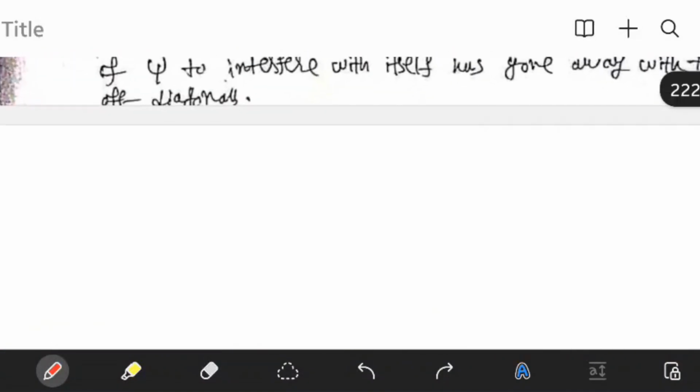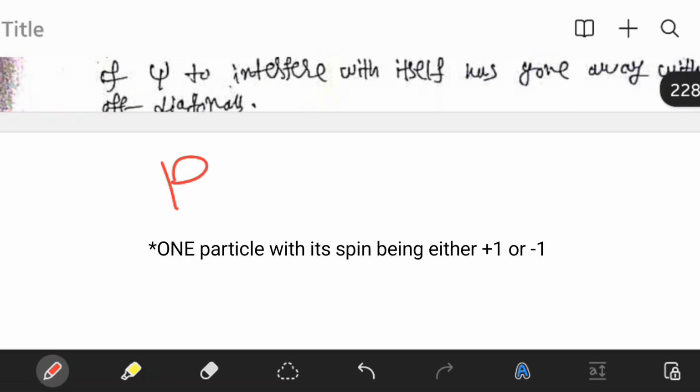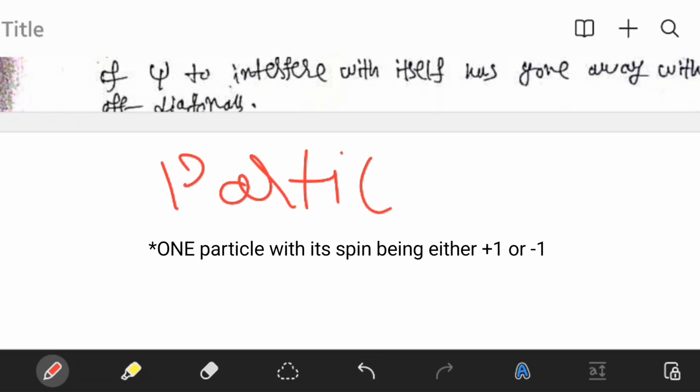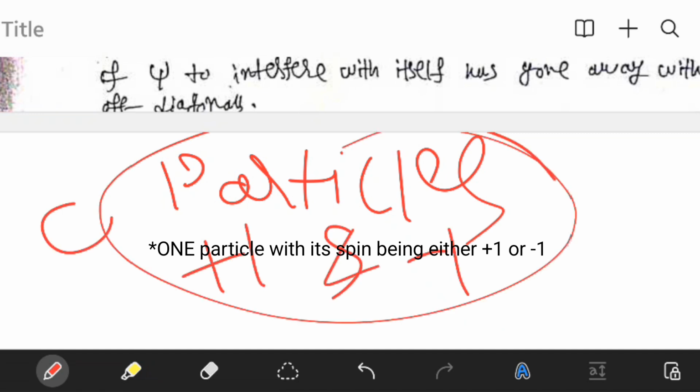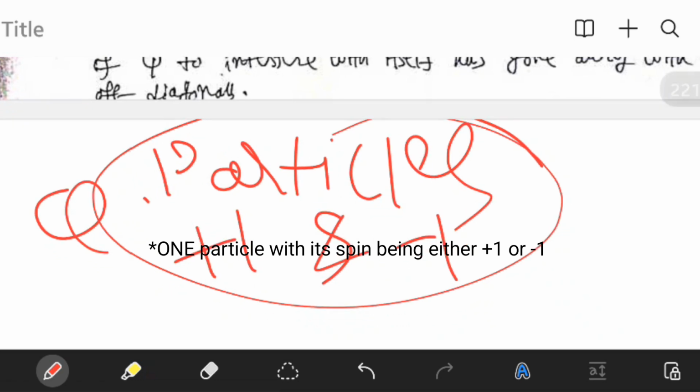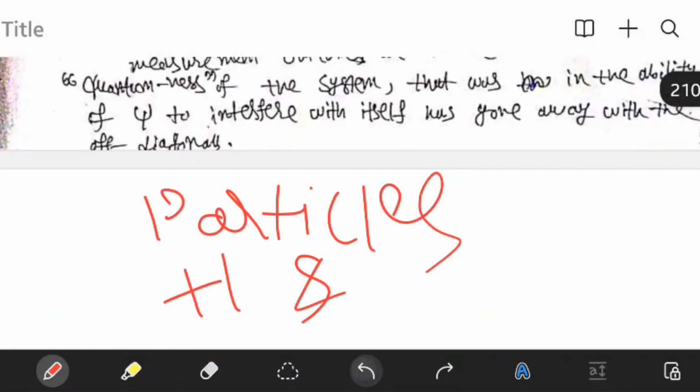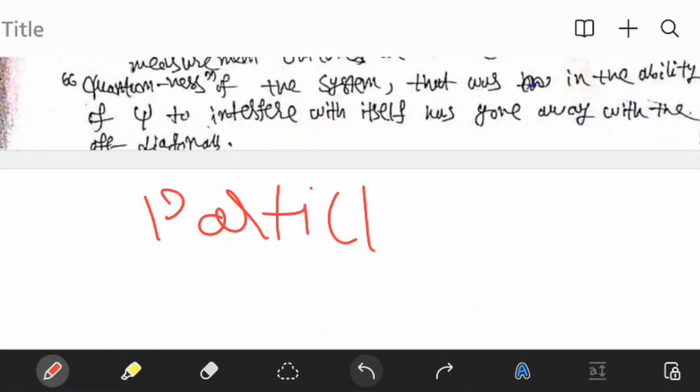Now remember, we started with two particles having spins +1 and -1, two quantum particles. But let's suppose we are talking about the universe.